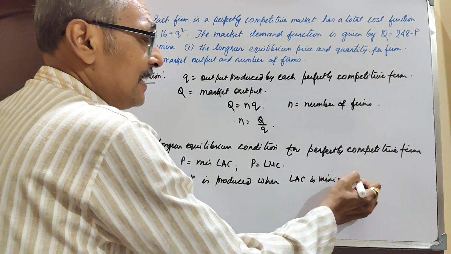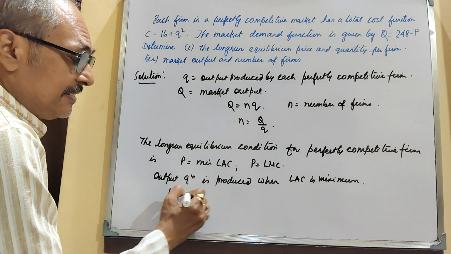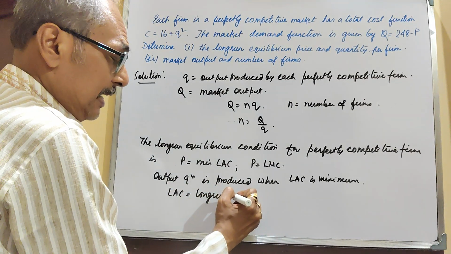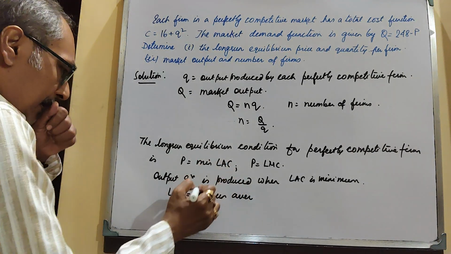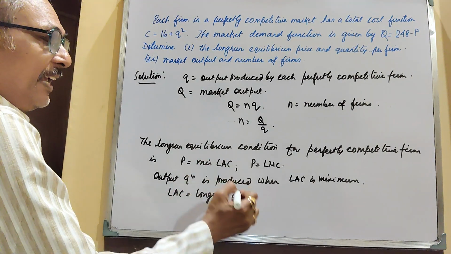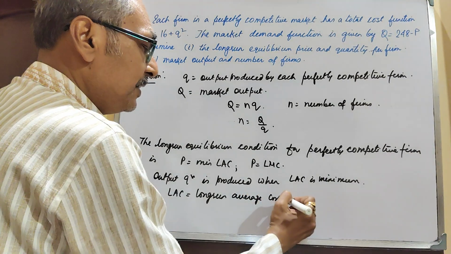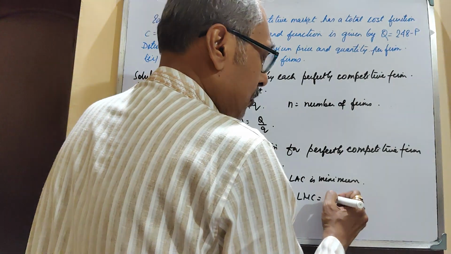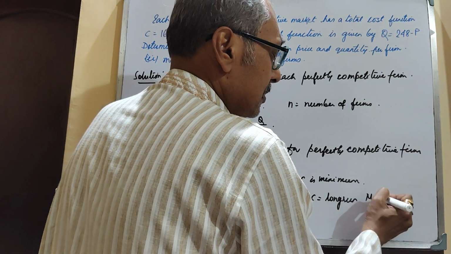Now what is LAC? LAC is long run average cost, and LMC is long run marginal cost.